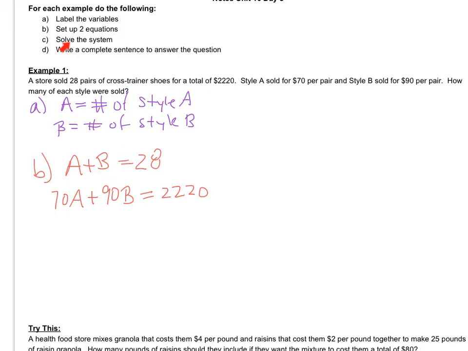The next part is to solve the system. When you solve the system, don't touch part B, because you will be graded on part B separately. For part C, go ahead and rewrite the equation. So we have A plus B equal to 28, and 70A plus 90B equal to 2,220.